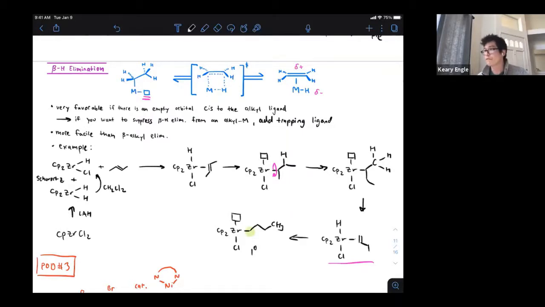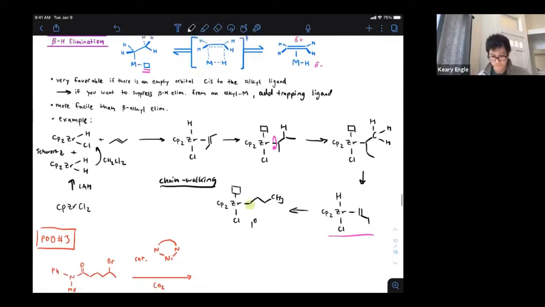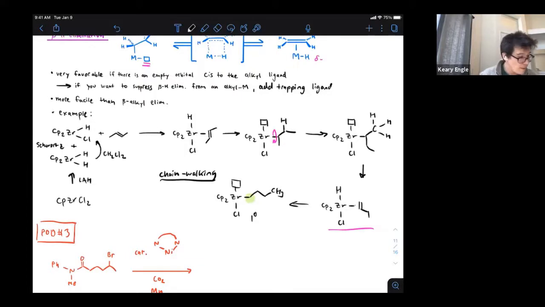And as a general rule of thumb, primary alkyl metal species are more thermodynamically stable because they're less crowded than our secondary. So there's a thermodynamic driving force for this metal to walk down the alkyl chain, and this is a process called chain walking. Super, Tim. Thank you. Any questions on that?